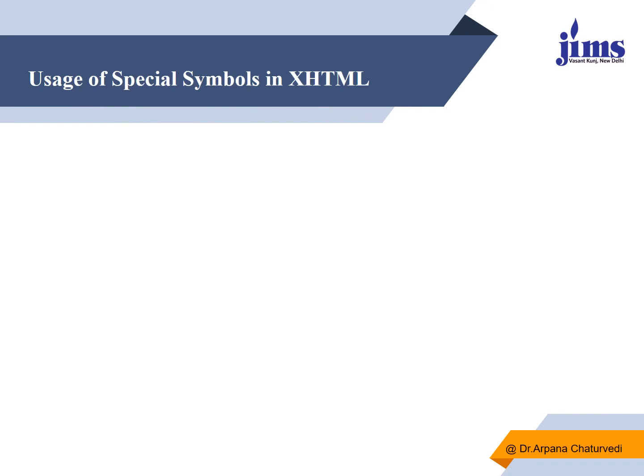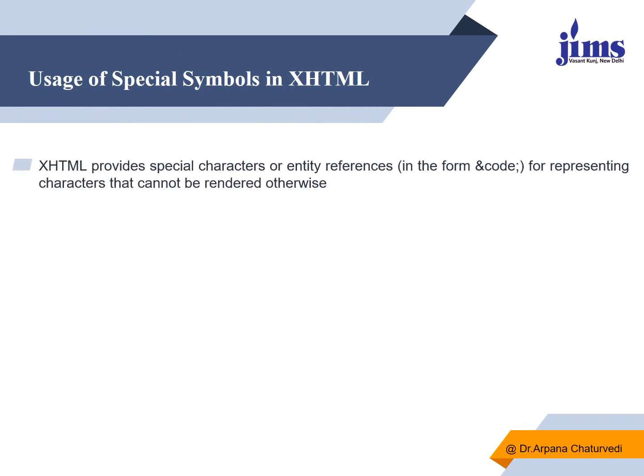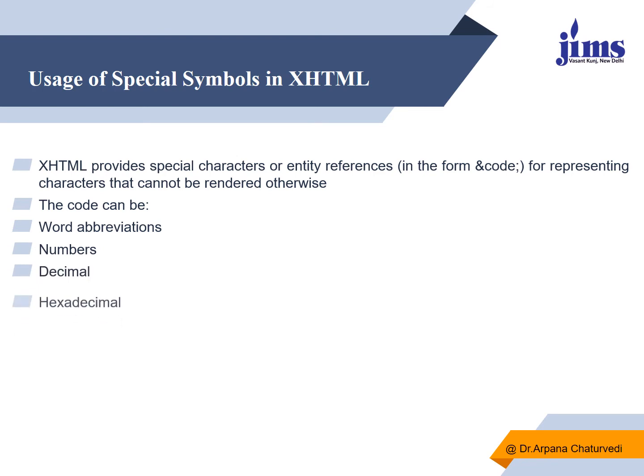We can use special symbols in XHTML. These special symbols are actually entity references, in the form of code, for representing characters that cannot be rendered otherwise. The code can be word abbreviations, numbers, decimals, hexadecimal.